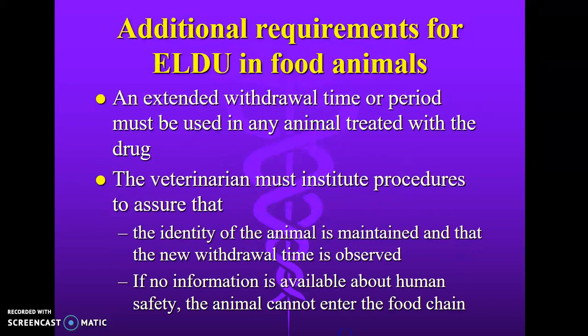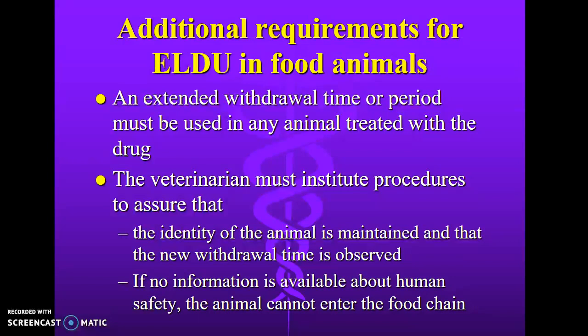There are some additional requirements for food animals because when we're using a drug in a not labeled fashion, we are potentially exposing people to a drug in a way that has not been studied. So the additional requirements are that there's going to be an extended withdrawal time or period.